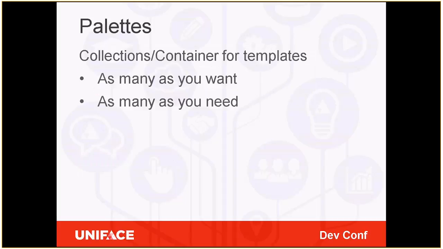You can have as many palettes and templates as you want and as many as you need. They can be very granular, as you will see in the demonstration, or they can be very macro. So maybe for a particular project, this is the collection of all the things that I want to do, and it allows architects or people behaving in that capacity to share their valuable knowledge with the organization, and also gives us the opportunity to verify that, and I'll talk about that as well.